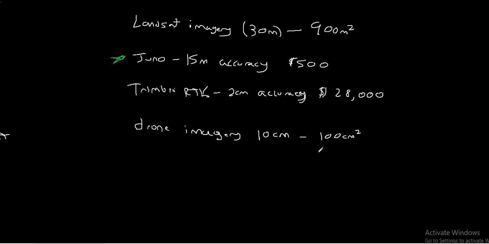So think about that for a second. Now, 15 meters could be a huge margin of error. You could be several pixels away at that point. You could be grabbing a completely different set of pixel values. So now you would actually need to pay for the $28,000 unit.